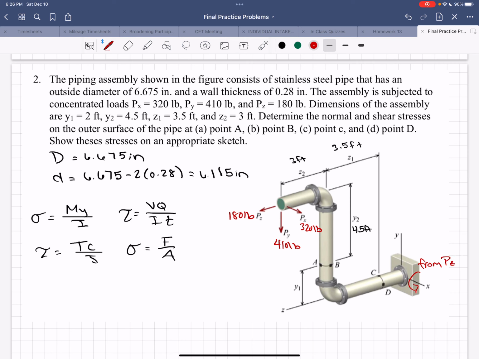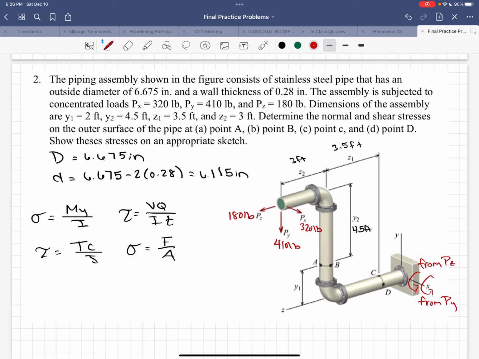This will also create a positive moment around X at CD. PY is also going to create a positive moment around X. So we will have 2, which means they're both positive, and we'll add them together.